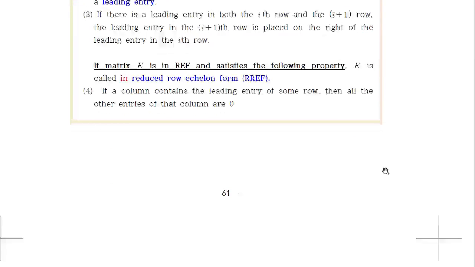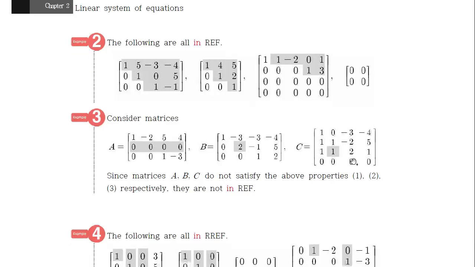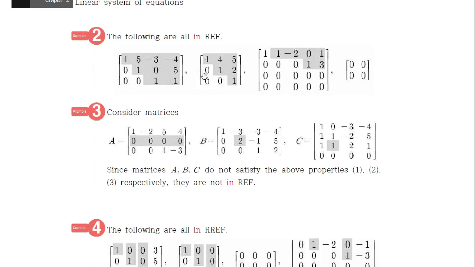Okay, it's all clear. So here are the examples. These matrices are in row echelon form. Like you see, there are no zero rows above the non-zero rows. Okay, so 첫 번째 조건. Second, the leading non-zeros are all ones. Okay, ones like this. And then it's in the staircase.